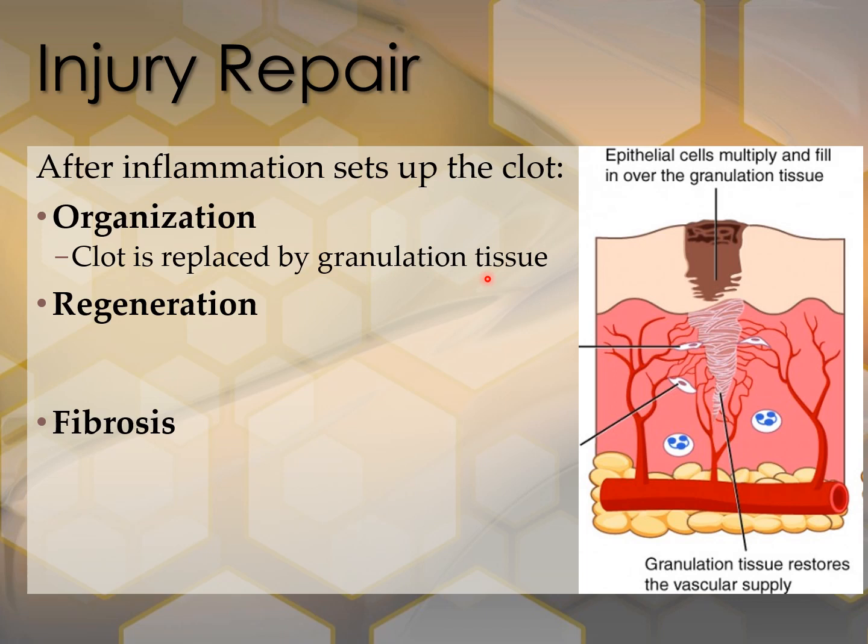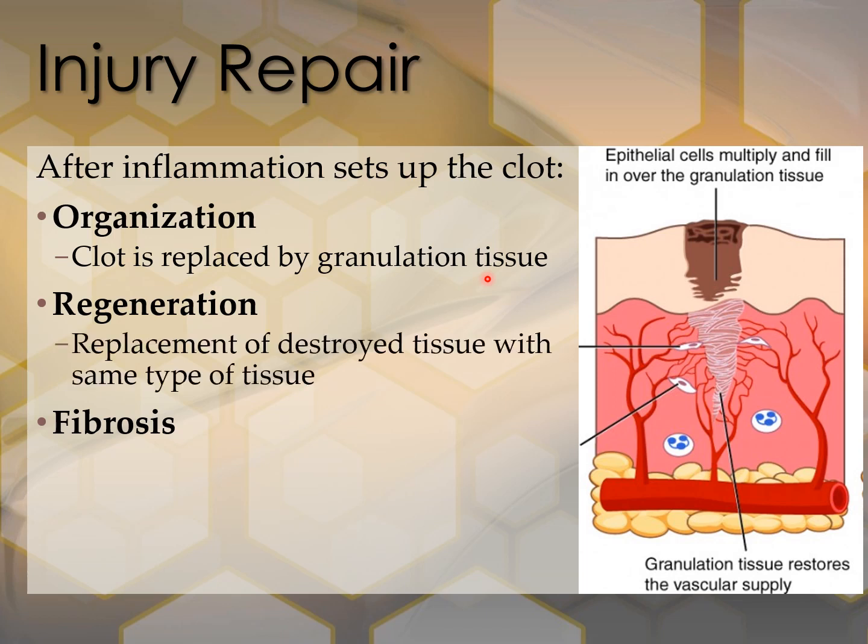It's a connective tissue, and essentially it's mostly fibroblasts. Those fibroblasts are going to come in and lay down a bunch of fiber and ground substance just to hold everything together, because the clot is very unstable. It puts a quick fix on it, and then we want to start fixing it a little bit better.